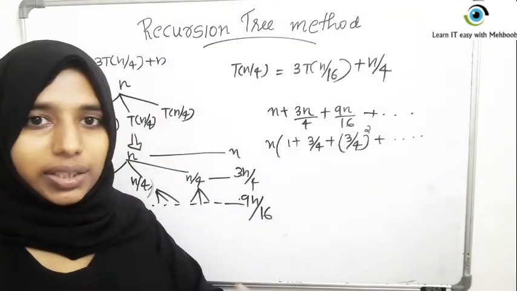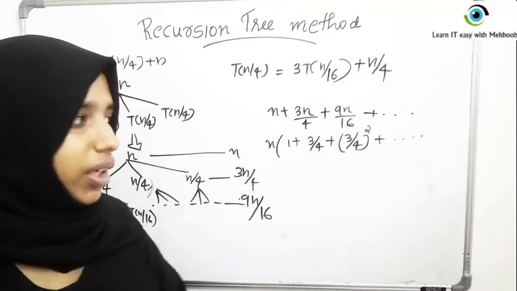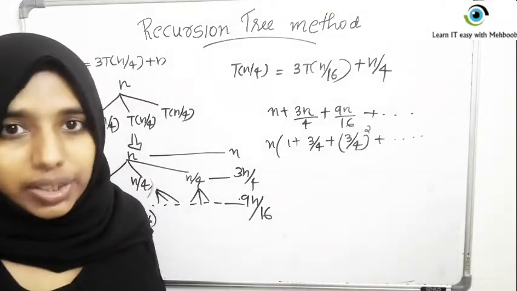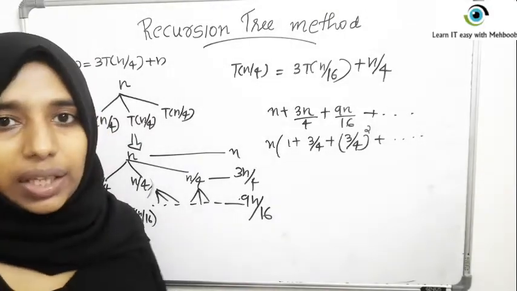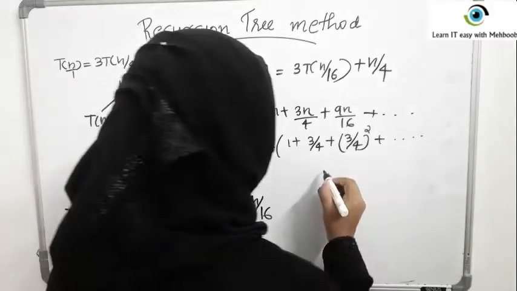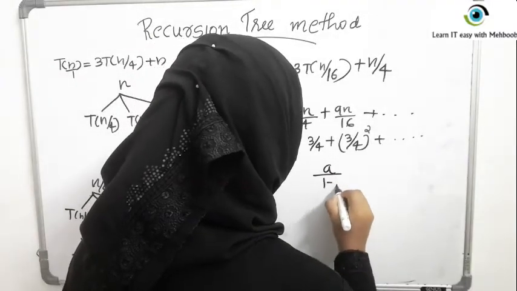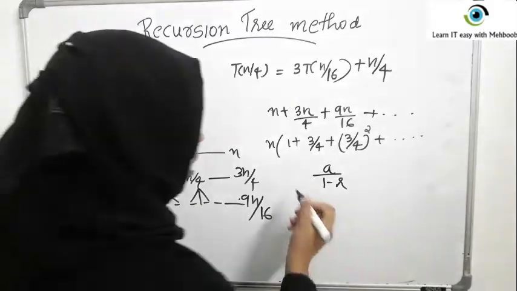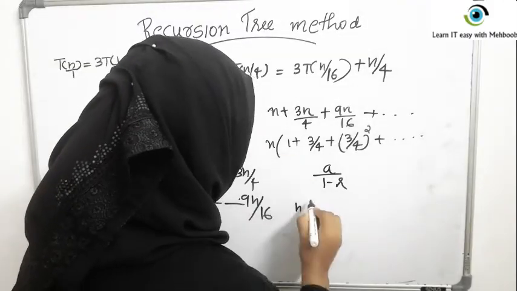Are you getting me? That is, if the common ratio is less than 1, you don't have to find out how many terms will be there in this GP. You can simply take the sum of the infinite terms in the GP, which is a divided by 1 minus r, which is the equation for the sum of infinite terms in the GP. So here n, the same n.